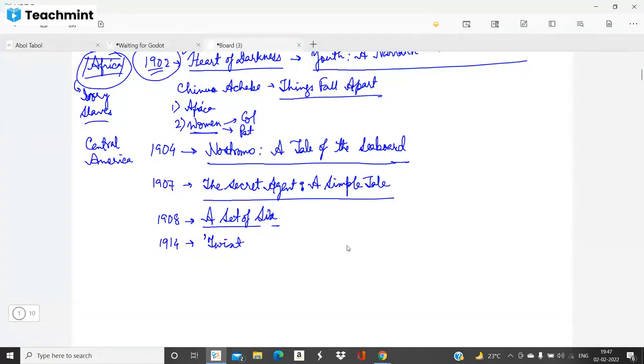This is betwixt, which means between. Twixt Land and Sea came out in 1914.